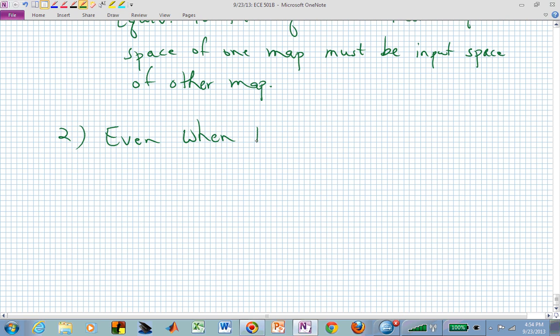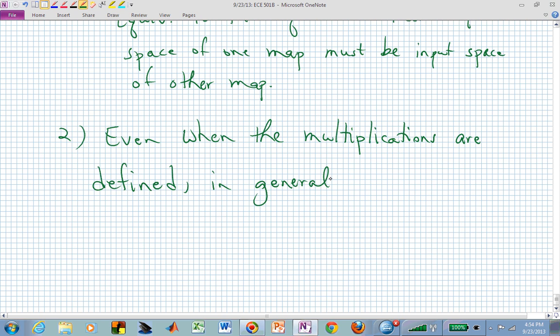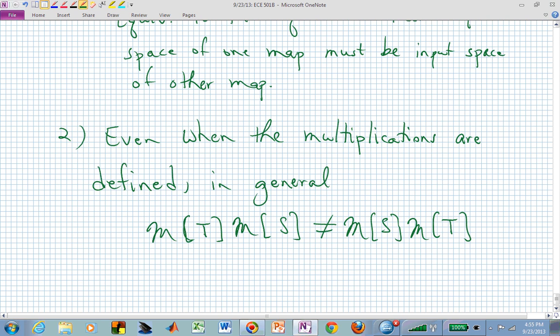So even when the multiplications are defined in both directions, in general, the matrix representation of T times the matrix representation of S is not going to be the same as the matrix representation of the linear map S times the matrix representation of the linear map T.